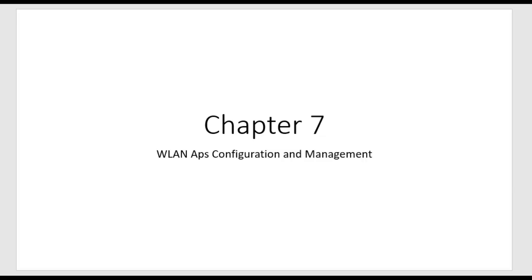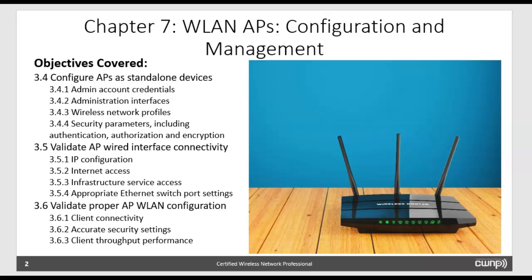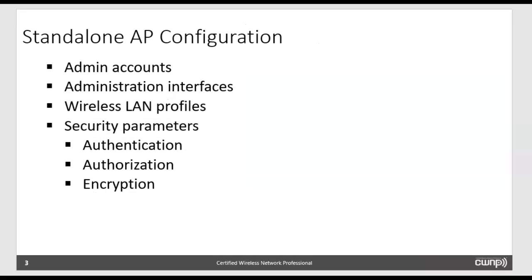This chapter basically covers how to configure standalone AP addresses, admin accounts, administration interfaces, wireless profiles that can be set up, security parameters, how to validate interface connectivity, and how to do some proper configuration.